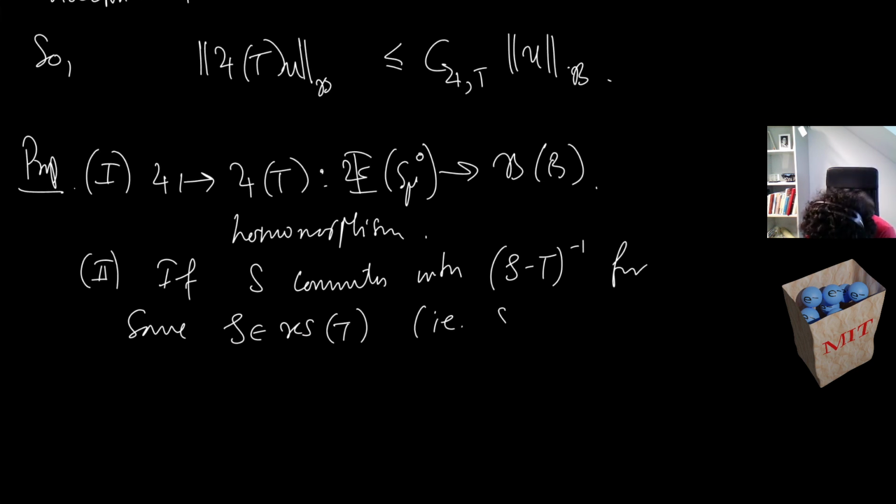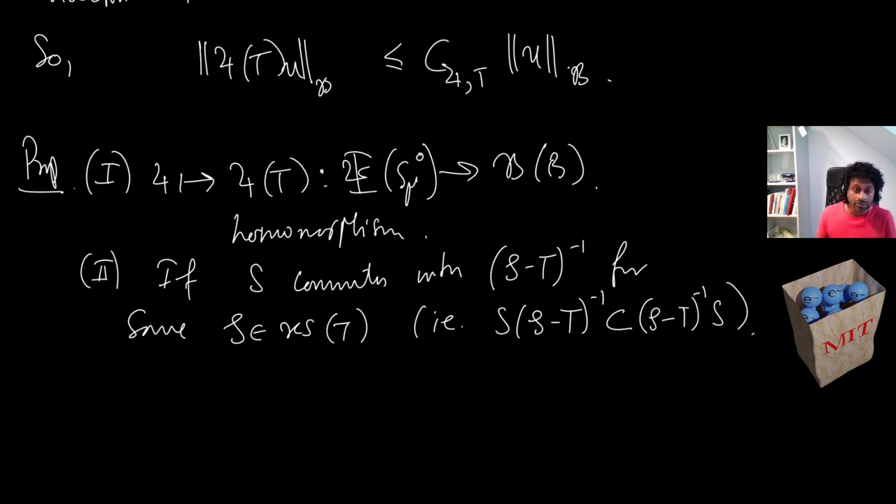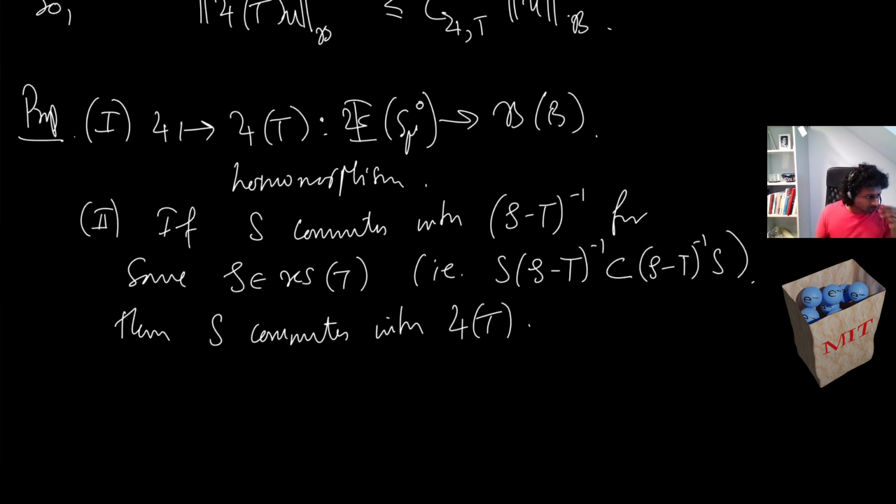That means that S zeta minus T inverse is contained in zeta minus T inverse of S, because these are unbounded operators. S I'm not assuming is bounded. Then S commutes with psi of T. I think this is called the bicommutator.